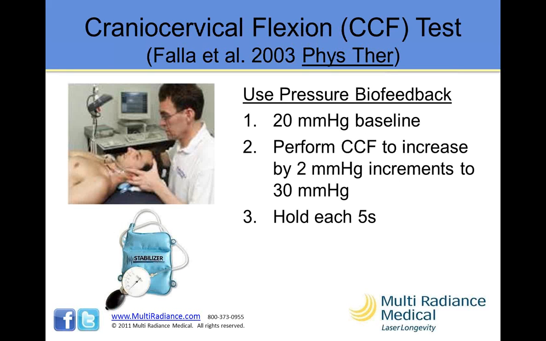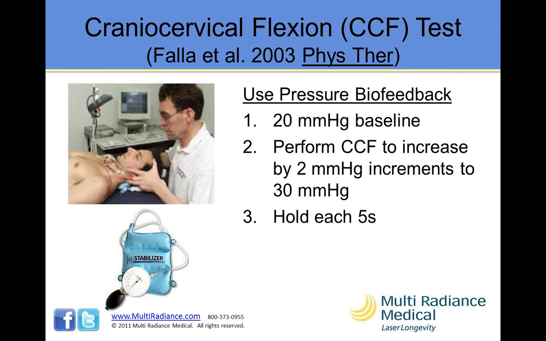The next test is probably the most important clinical test that we see in the literature, and that's the craniocervical flexion test. This is not only used for cervicogenic headaches, but it was developed by the Australians who used the stabilizer inflatable pressure biofeedback device in their work with transverse abdominis and the multifidus in chronic low back pain.